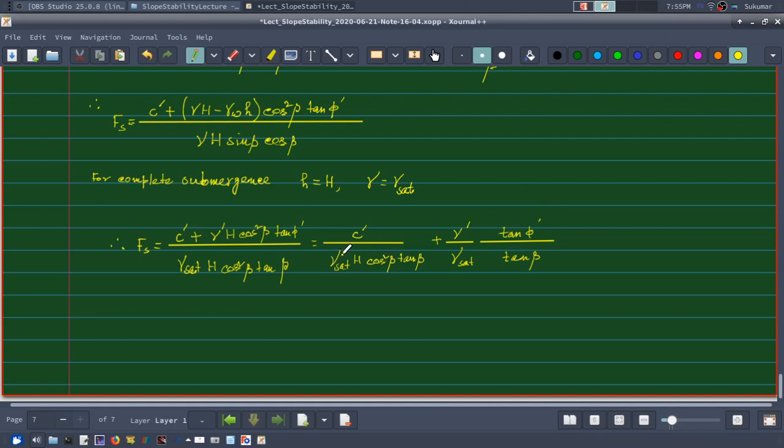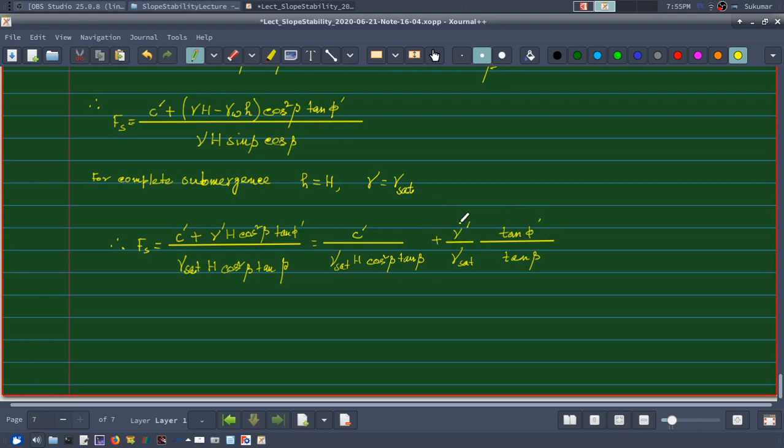So what we have seen is that when the slope is completely submerged, this gamma saturated is greater than gamma, therefore this term decreases, and also due to this factor gamma submerged by gamma saturated, this term also decreases, so there is an overall decrease in factor of safety of the slope.